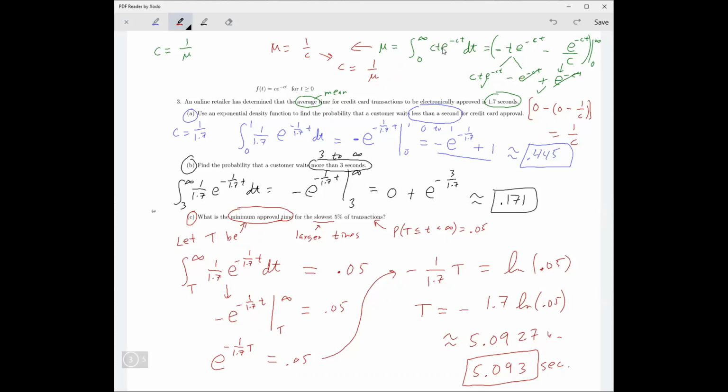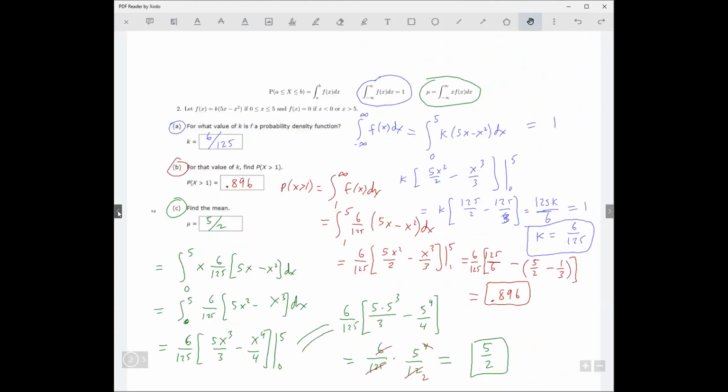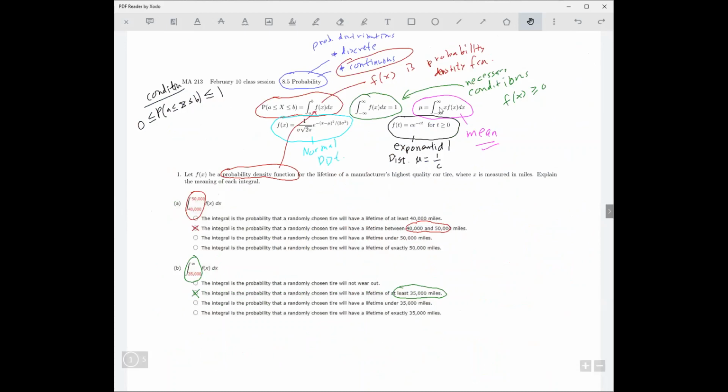Yeah, why did I put the t there? Okay, that's a great question. I was going to answer that, but I forgot to. It's because we're calculating the mean. So the mean here, you put the variable in there, extra variable. Oh, I see. Thank you.